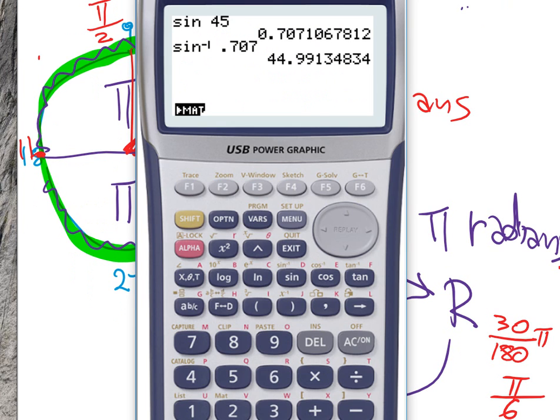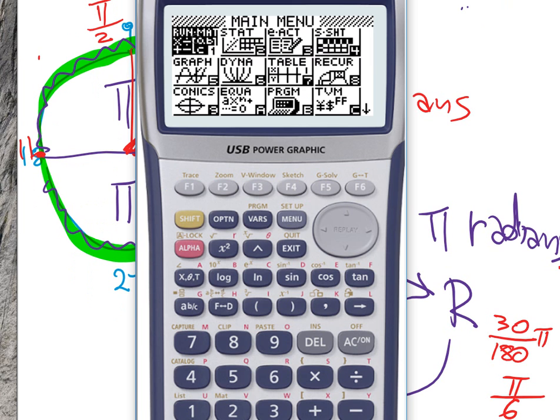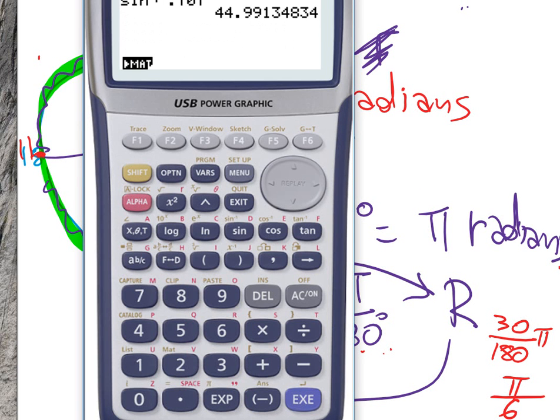How am I going to do that in mathematics? I have to go to my menu, mathematics. Sorry, I need to press exam and I can't see it. I need to enter 30 degrees divided by 180 times pi, or 3.14, it's the same.